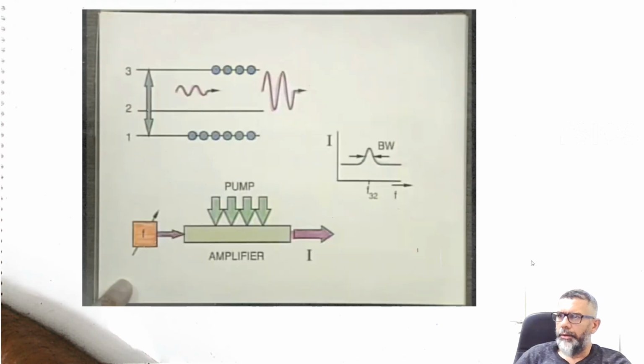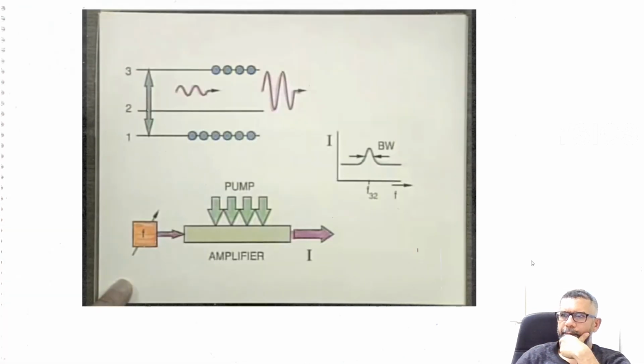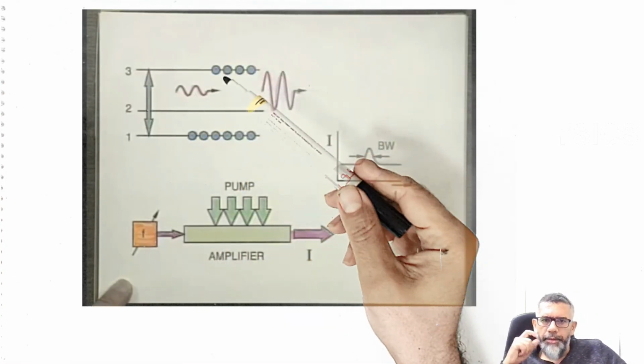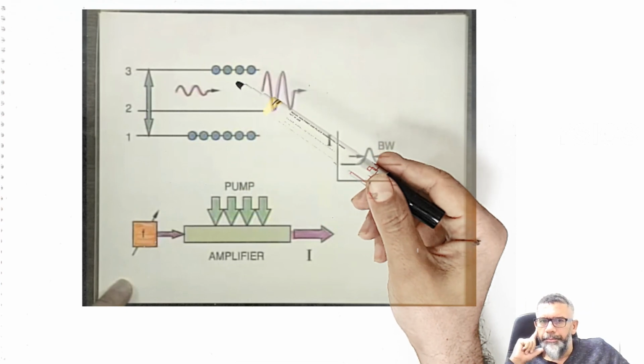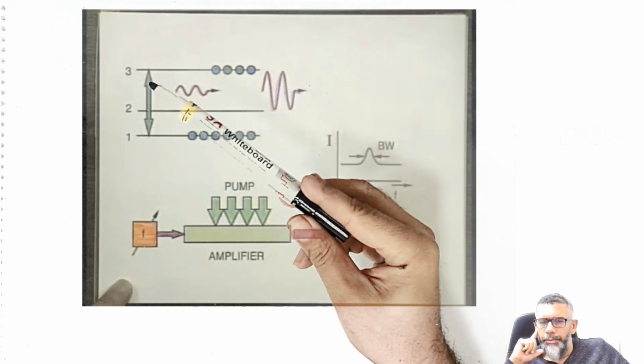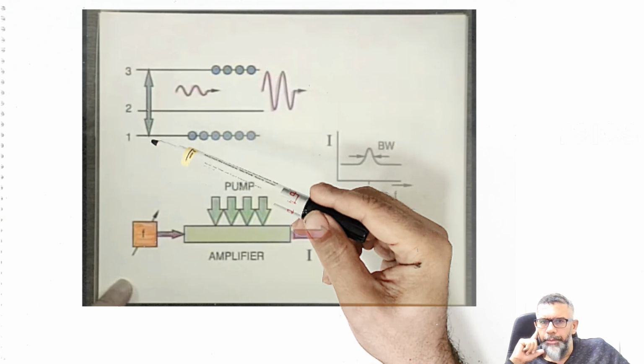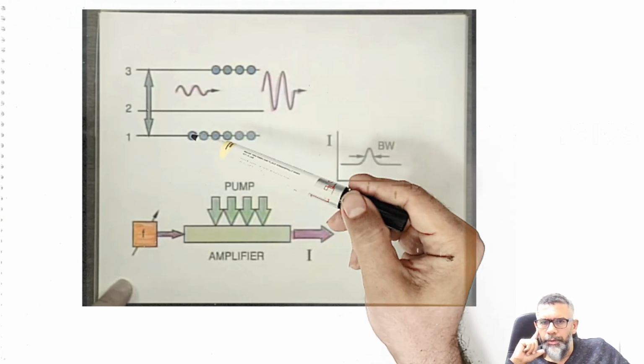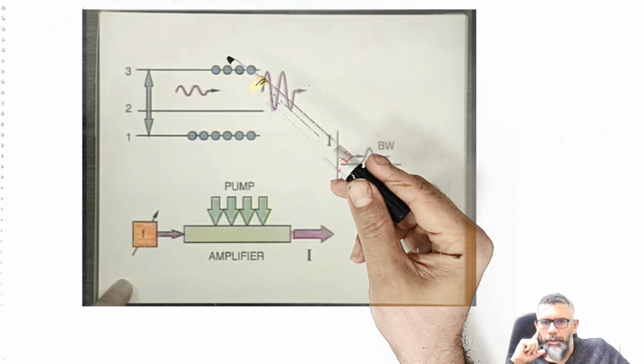Okay, so next picture. Again, you have this 3 energy level system, and you have a pumping mechanism that takes electrons from the ground state to the 3rd energy level.